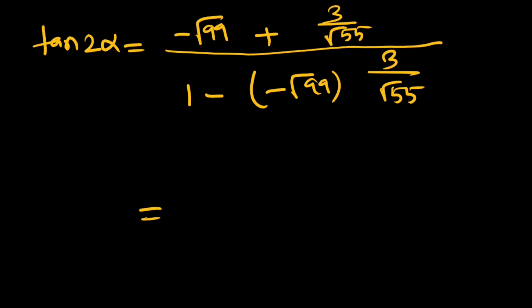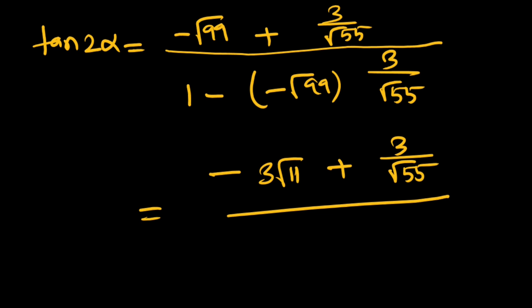Now we simplify this. Root under 99, that means 9 into 11, that is 3 root under 11. So we get (minus 3 root under 11 plus 3 over root under 55) over (1 plus 3 root under 11 into 3 over root under 55).